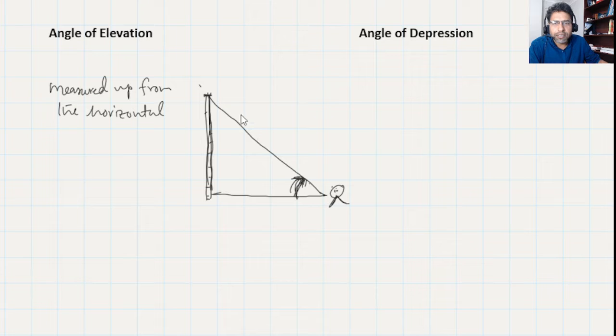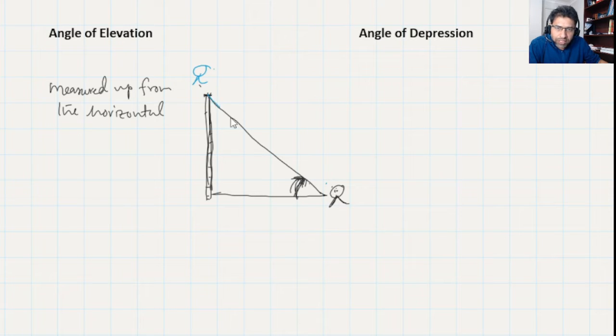What happens if you have an observer sitting on the roof, and then looking at something, someone walking through the road, or someone standing there? So the observer is observing something on the road here, right?